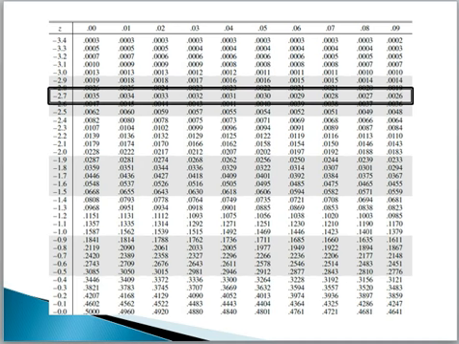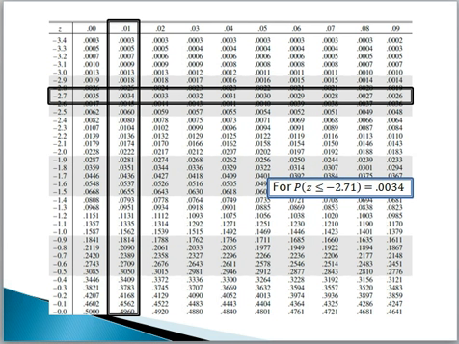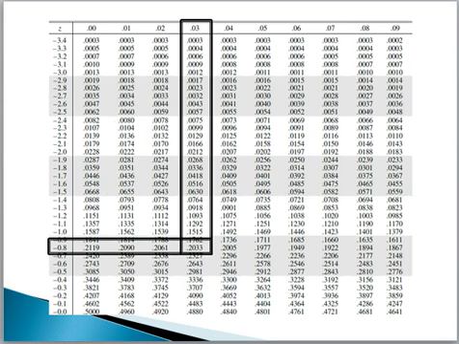We go to the table again, and we look at negative 2.7, and then at the column 0.01 to get the second decimal. And we get a probability of 0.0034. So that's what we use. For negative 0.83, we get a probability of 0.2033.